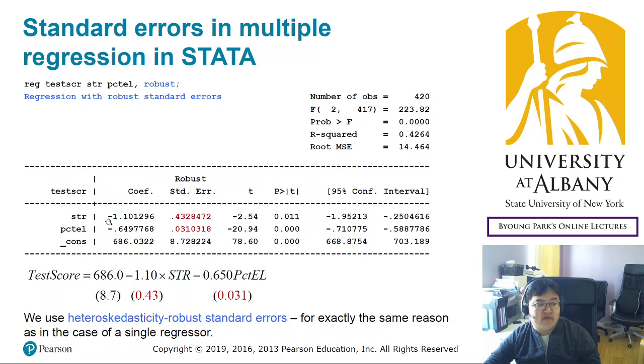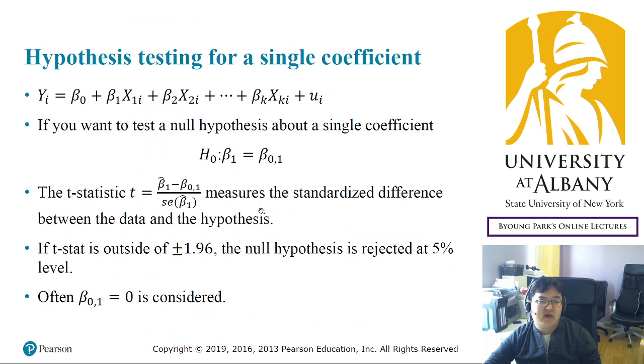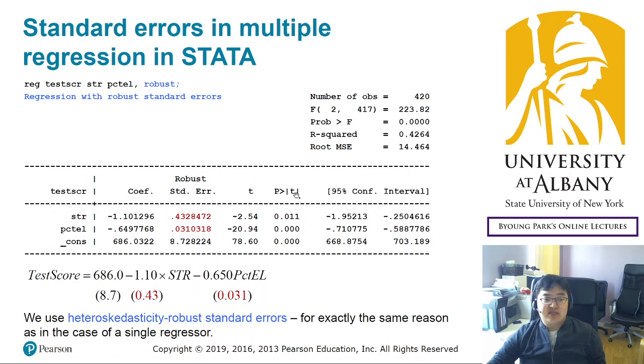So you have a coefficient estimate and robust standard error. Use these two to calculate the t-statistic. The t-statistic is calculated based on this formula using these specific values. Assuming that your hypothesis is about 0, the t-statistic will be calculated by this.